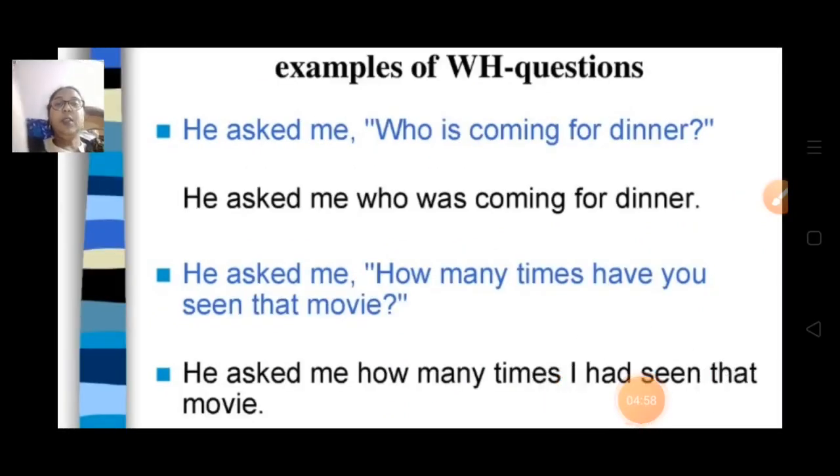Now let's see more examples. He asked me, "Who is coming for dinner?" He asked me who was coming for dinner. Now next, he asked me, "How many times have you seen that movie?" He asked me how many times I had seen that movie. So these are examples which are very helpful for us.